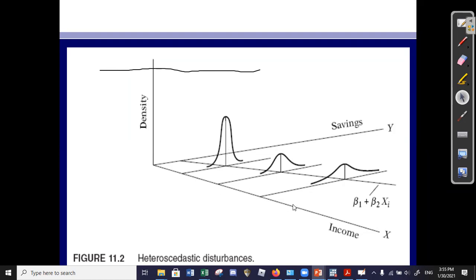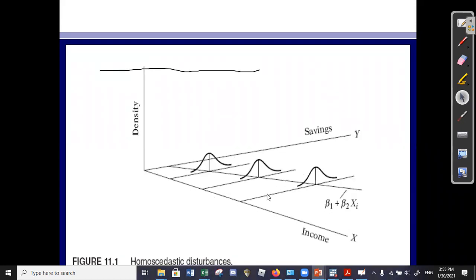So this particular structure says that as income increases, the variations in savings at different levels of income are also changing. In this case, variations in saving is also increasing. Practically, it means that the constant variance assumption was assuming that if income increases, the variations in savings at any level of income will remain the same, whether it is lower level income or upper level income.